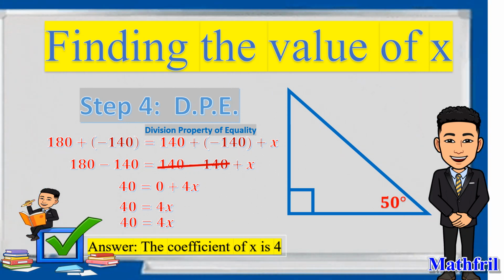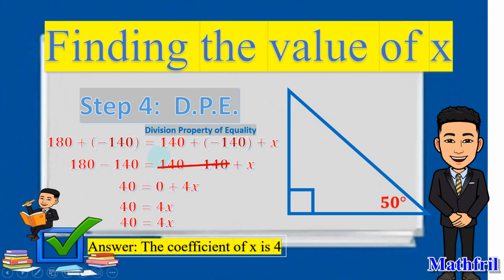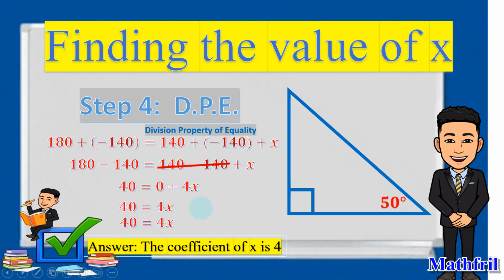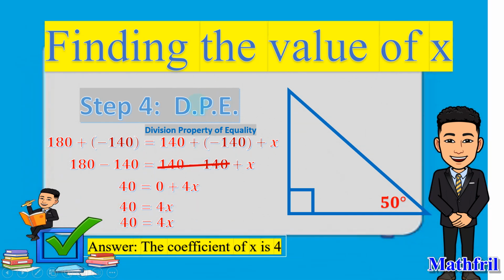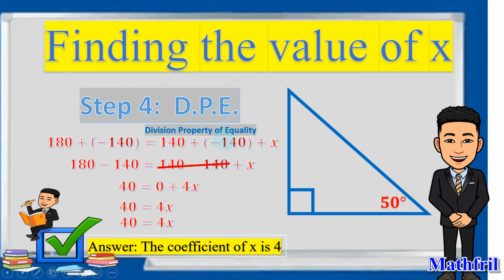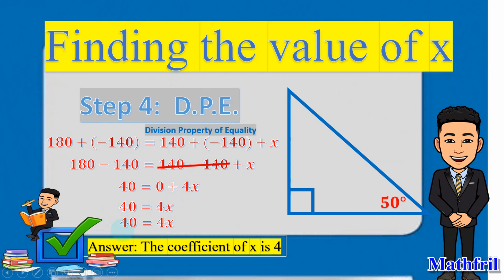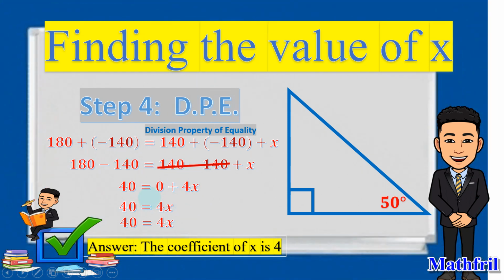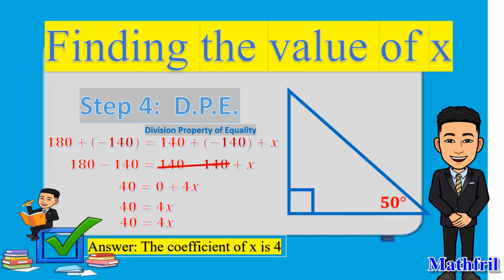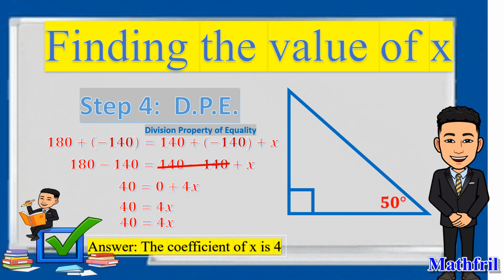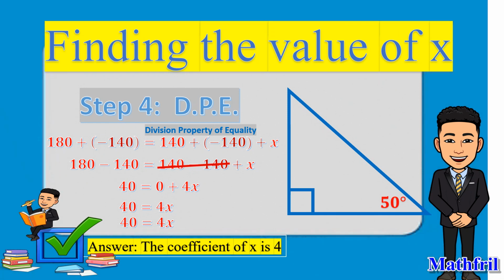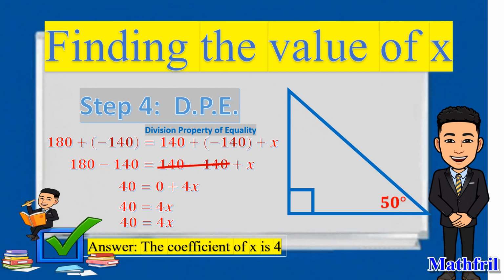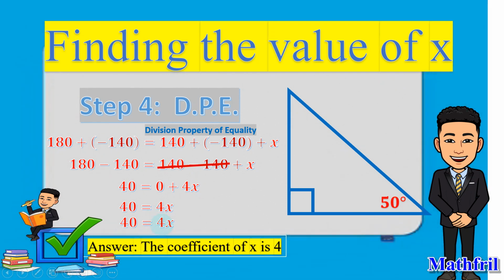So that number 40 will have a new structure, wherein you have 40 equals 4x. The division property of equality will help us think what number can be divided on both sides, considering the coefficient near the variable, which in our example is 4.